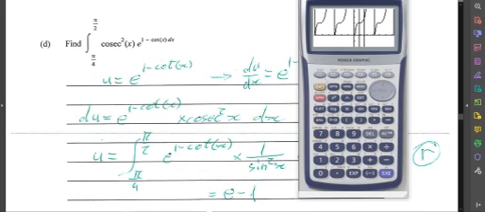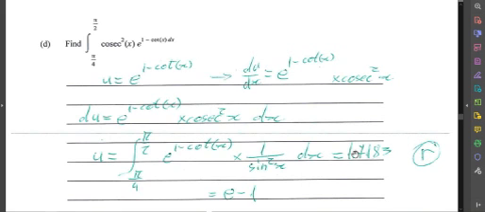So shift gsolve, bam. 0.785 is the lower, and the upper is 1.57. Yes, and that is 1.7169. All right, I got here 1.7183.